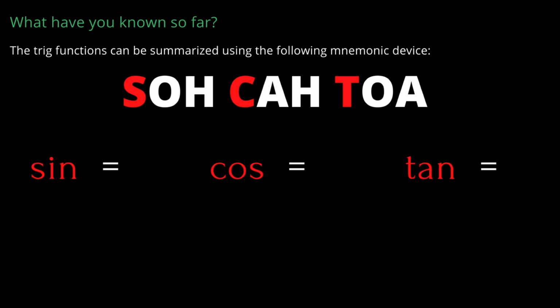You might be thinking that it's too hard to memorize the 3 basic trigonometric ratios because there are so many things to consider. But we're going to help you with that with this mnemonic device, SOH CAH TOA.